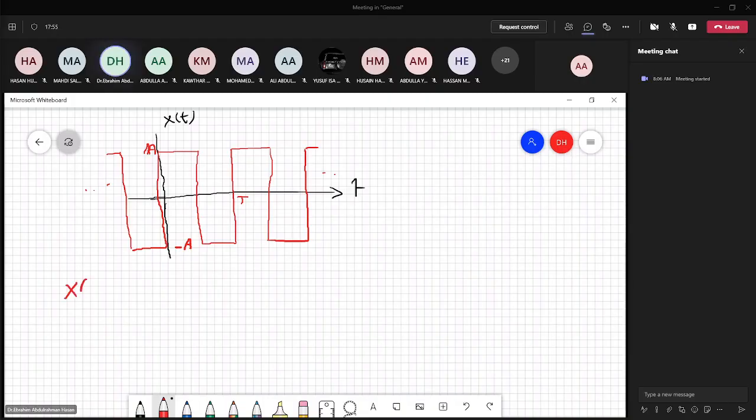So here we said that x of t equals 1 over j k 2 pi, summation of 1 over k from 1 to infinity, k belongs to odd, e to the power of j k omega naught t.